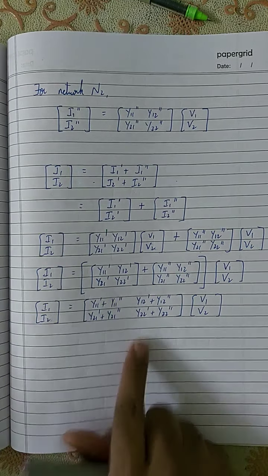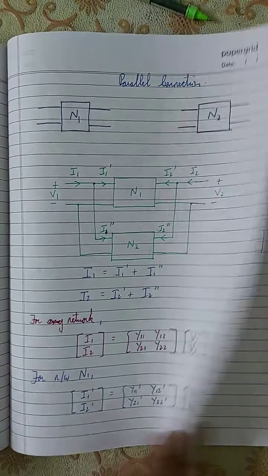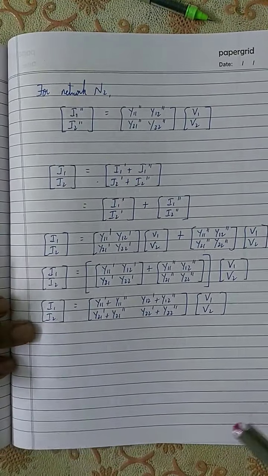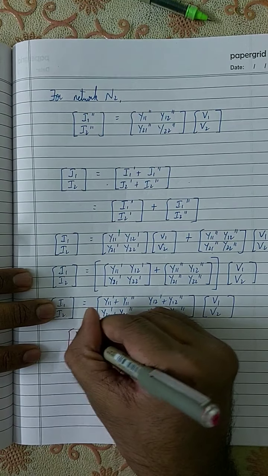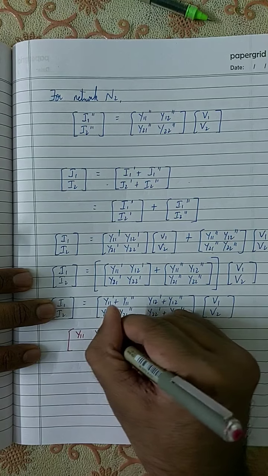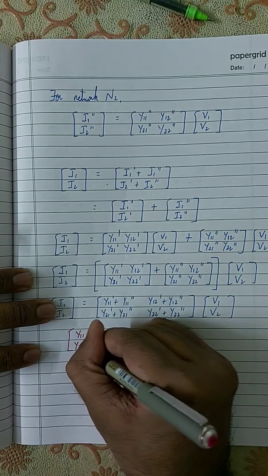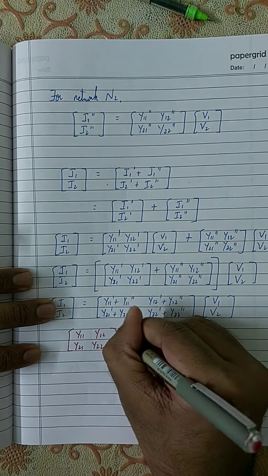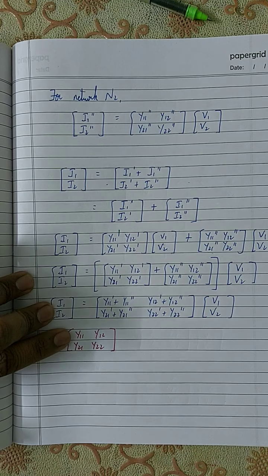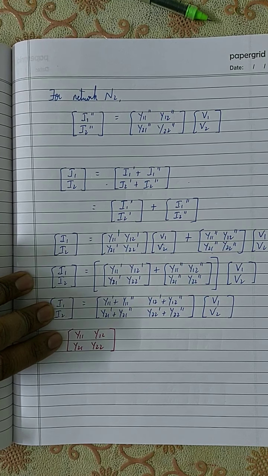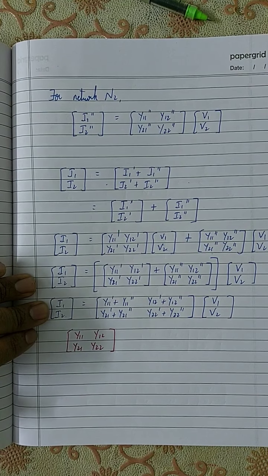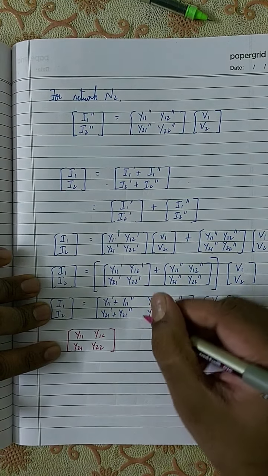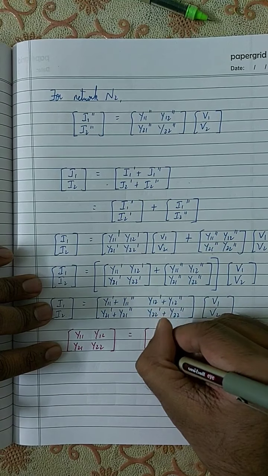So by comparing the two equations, we can say that Y11, Y12, Y21, Y22 is nothing but the overall y parameter of the overall parallel connected network.